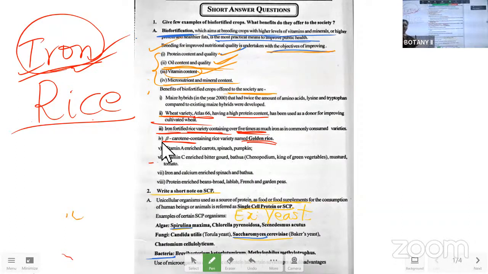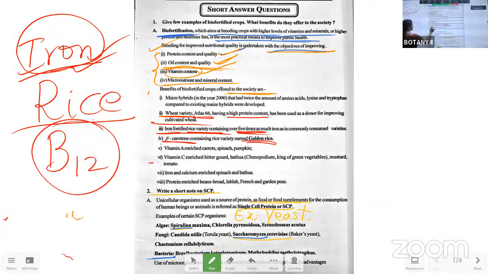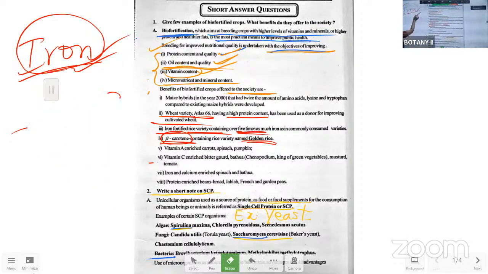Carotenoids, that is beta carotene, is the most important one in golden rice, where the skin and the bones get the calcium, vitamin E can be made with this, and the vitamin B12 complex can be increased by this beta carotene. So with this, all the deficiencies can be easily cleared, can be easily removed. That's the main intention of us.